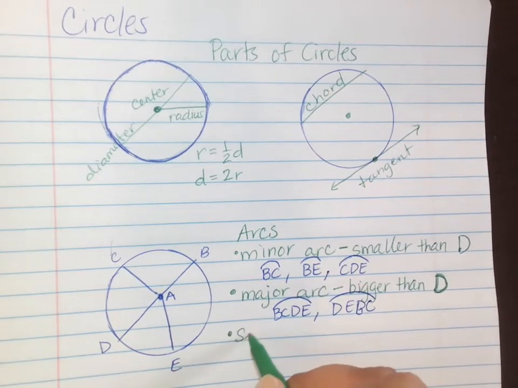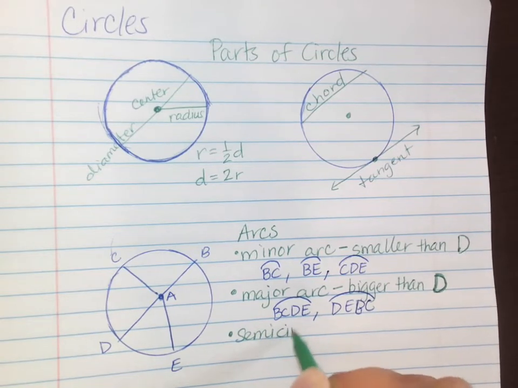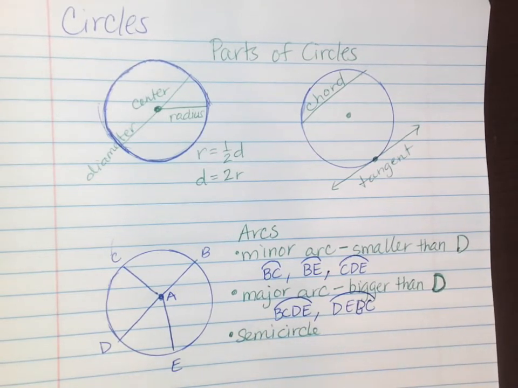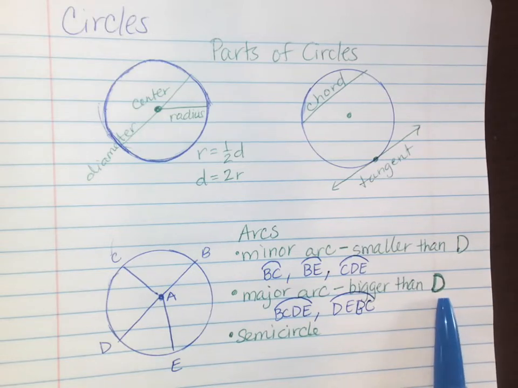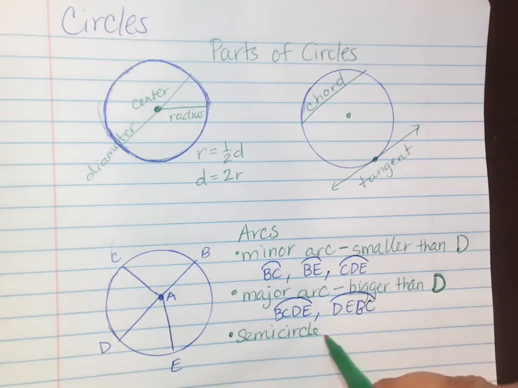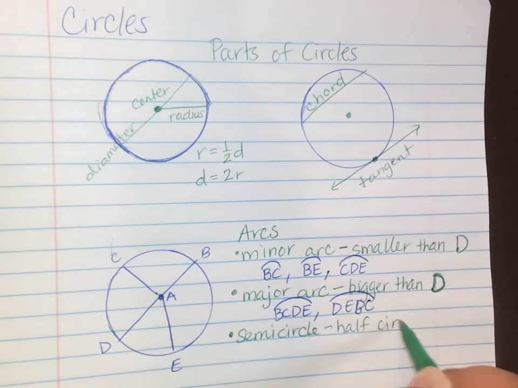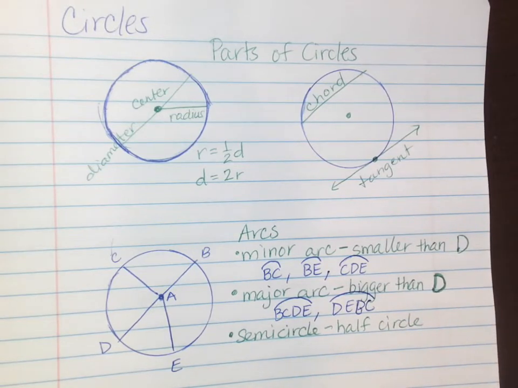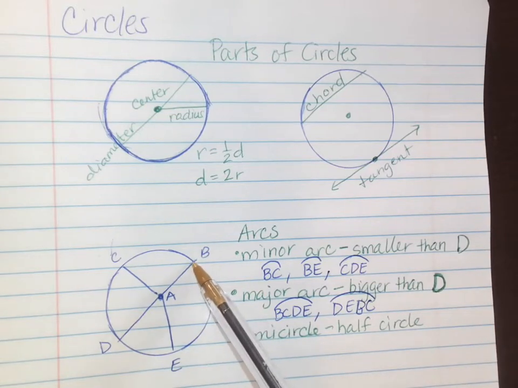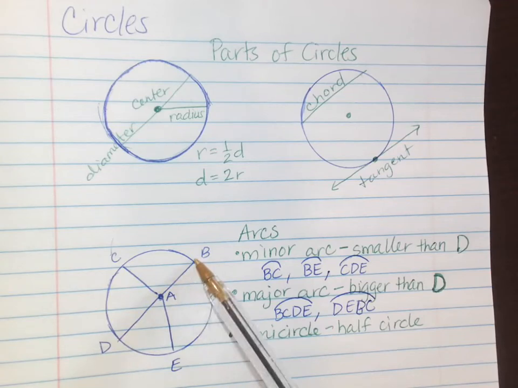And then let's talk about a semicircle. Semi means half. And that's kind of what we were looking at here. It's half a circle. So our half circle here is from B all the way to D. It's exactly half.